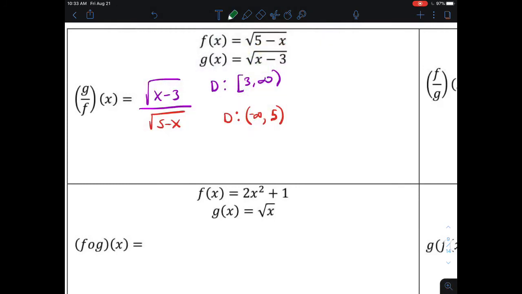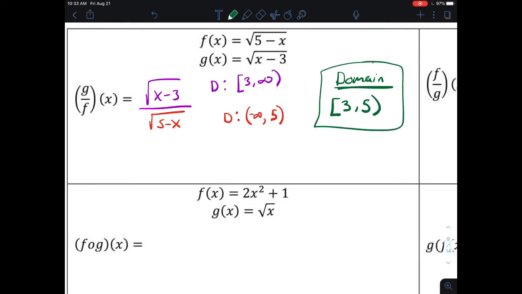So the domain for the operation is going to be the overlap in those two domains, which would basically go from 3 to 5. That's the overlap region.